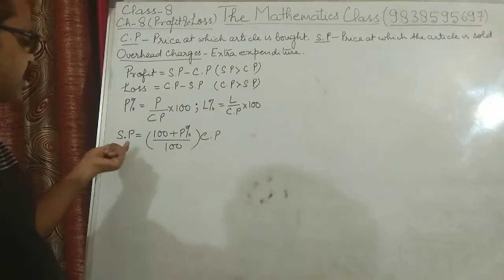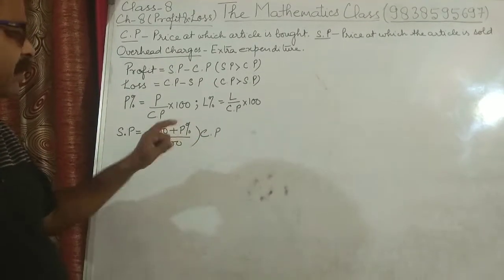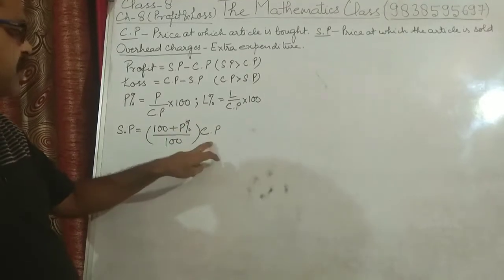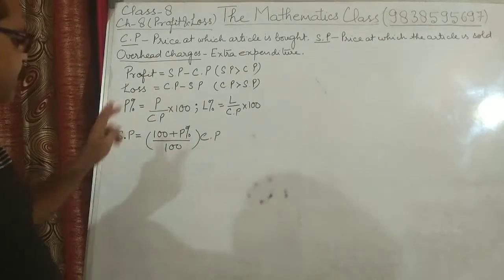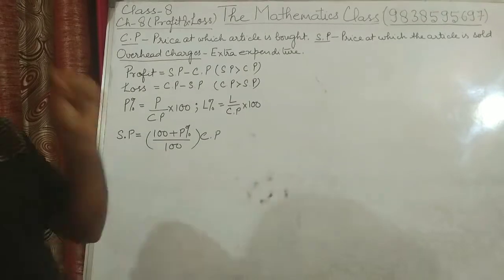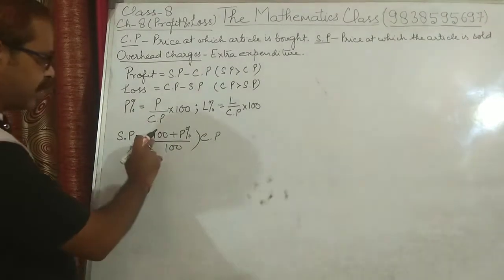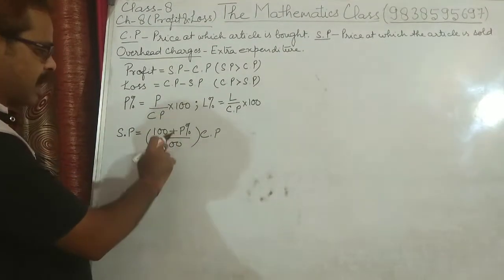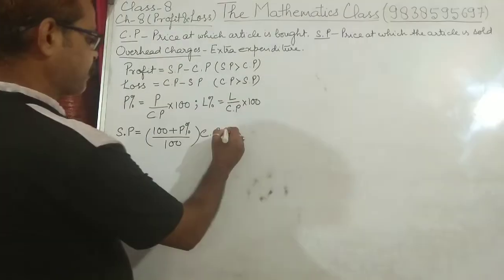If SP is given, you have to find CP, then also we can use this formula, or if CP is given and you have to find the selling price, then you can use this formula. When it is profit percent, it will be 100 plus profit percent upon 100 into cost price.